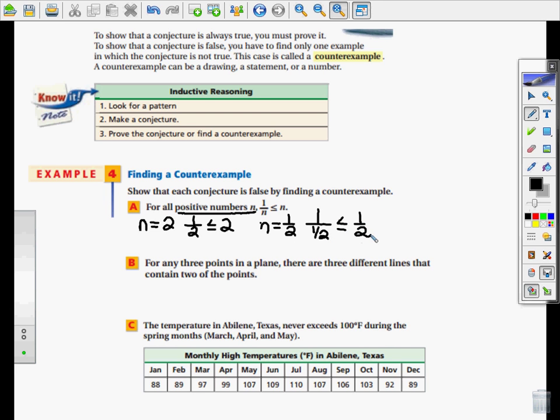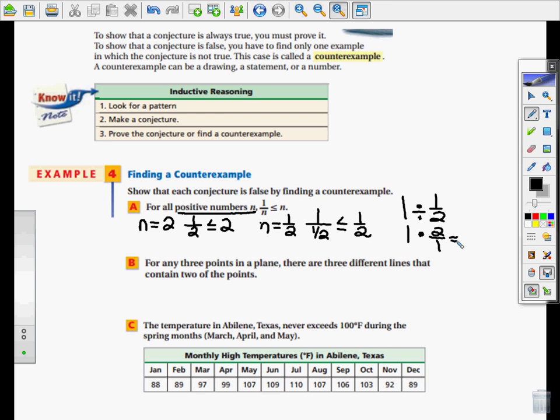Well, you could whip out your calculator and do 1 divided by 0.5, or you could do 1 divided by a half using copy, change, flip. So 1/2 becomes 2 over 1 when you flip it over. 1 times 2 is 2.